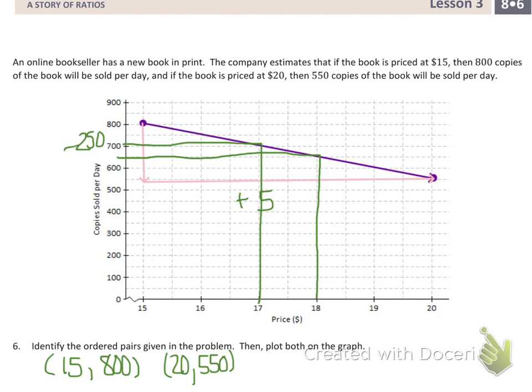So this is a decreasing function because as the x values increase on the horizontal axis, the y value decreases, which makes the line slope down here. So as x increases, y is decreasing. As the price of the book increases, the number of copies sold decreases.